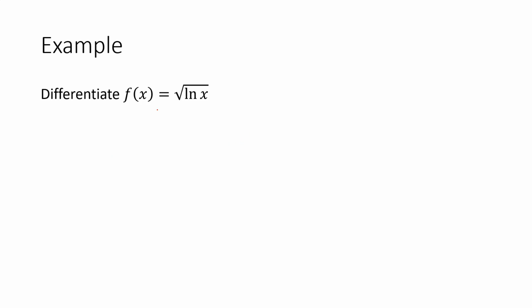What about this function here, ln of x with the square root over it? Well, think of this now as ln of x to the power of 1/2, so we'll do the outer function first, 1/2 times ln of x to the negative 1/2 on the outside. And then we'll multiply that by the derivative of ln x.